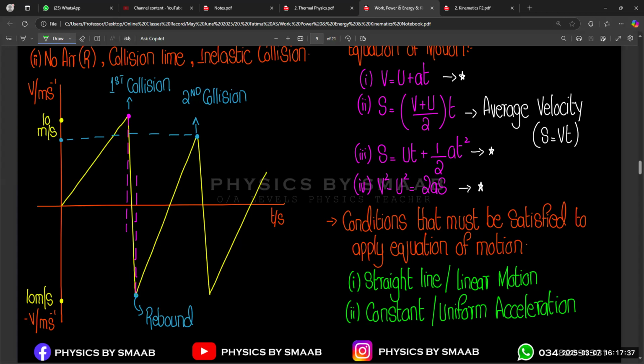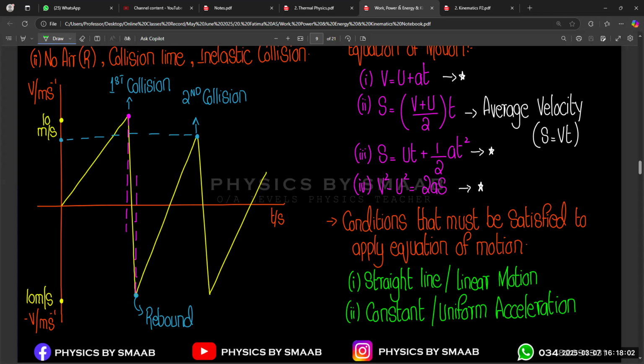And these equations of motion can also be derived. There is a derivation of these equations also, but before the derivation, first we discuss projectile motion, because the derivations of these equations are very easy and simple to show, how to derive the equations of motion, right?